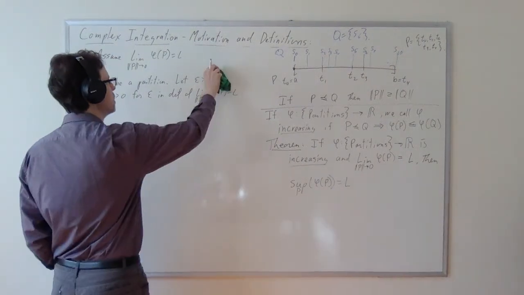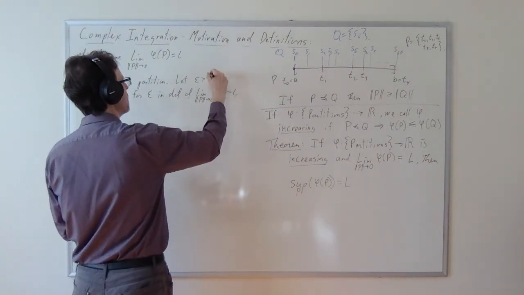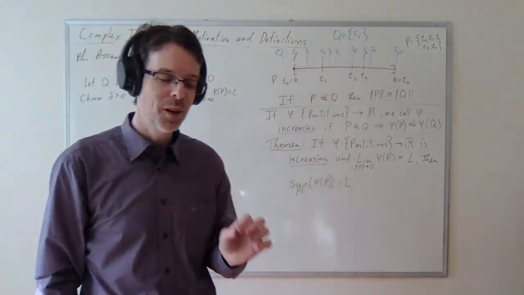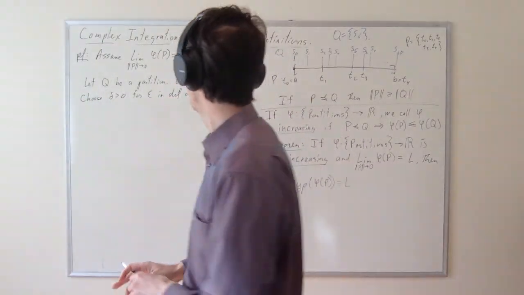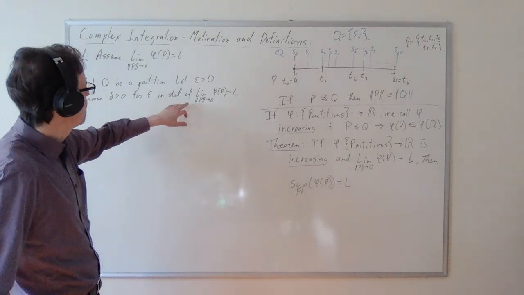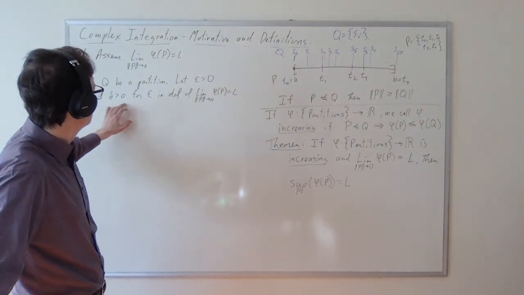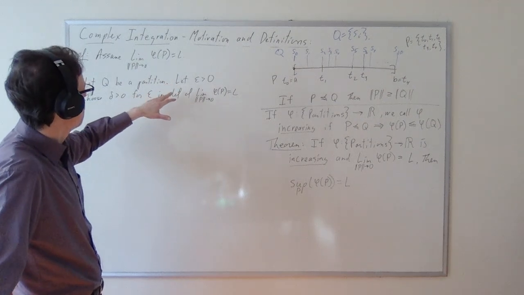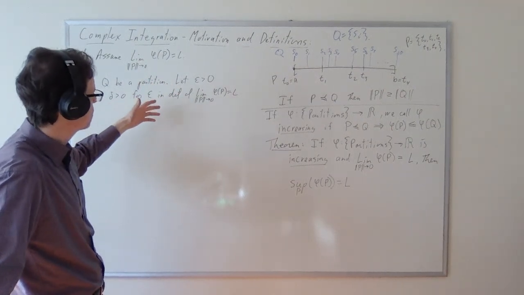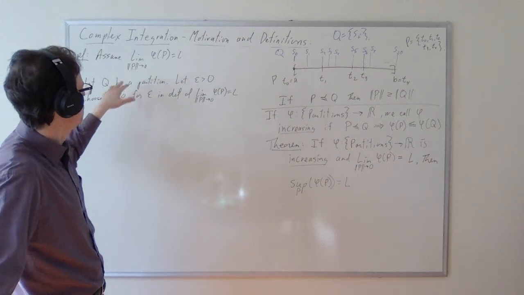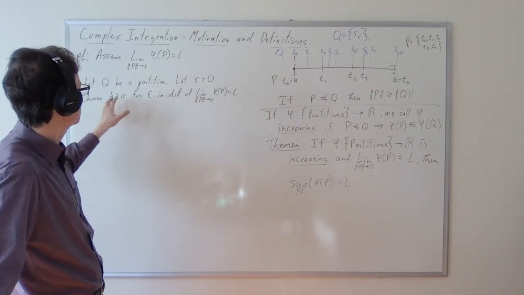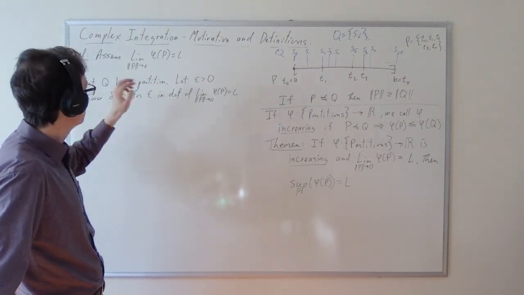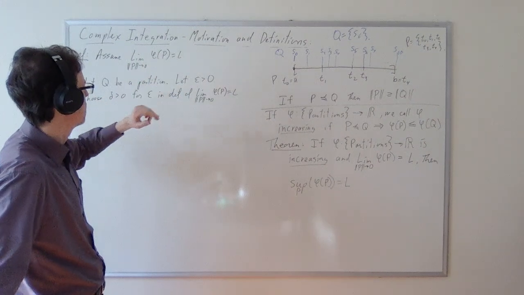I chose my epsilon to be greater than L. Apparently, I don't know how to do analysis. Epsilon is always going to be greater than 0. So what does it mean to choose delta for epsilon in the definition of the limit? It means we choose a delta so that whenever the norm of p is less than delta, then the distance between phi of p and L is less than epsilon.